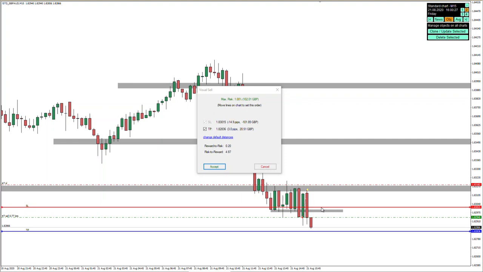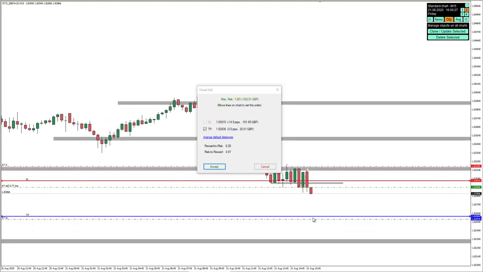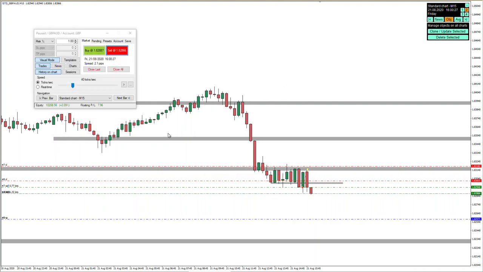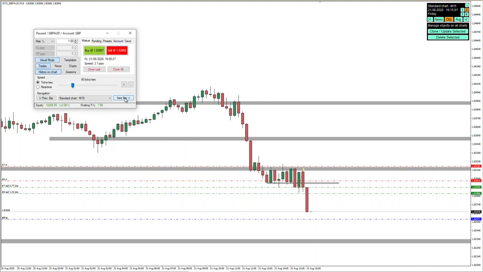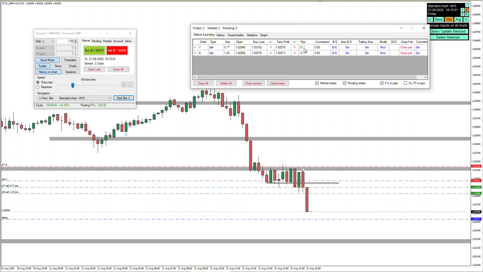Okay. TP. Same spot like there. Accept. Yo. That's 26 pips in green and 18 pips in green.